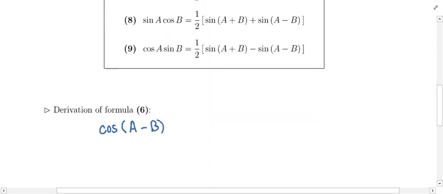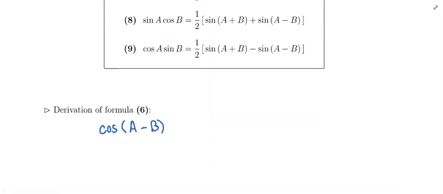We know a formula for this. We've already learned the difference formula for cosine. When you do a proof, you can use things that you have already proved, things you already know.